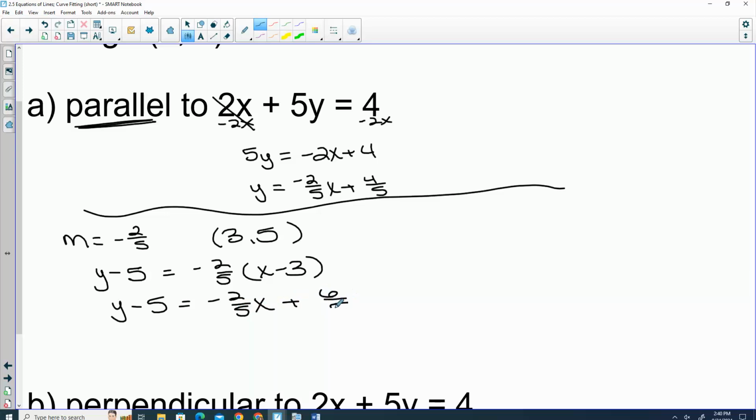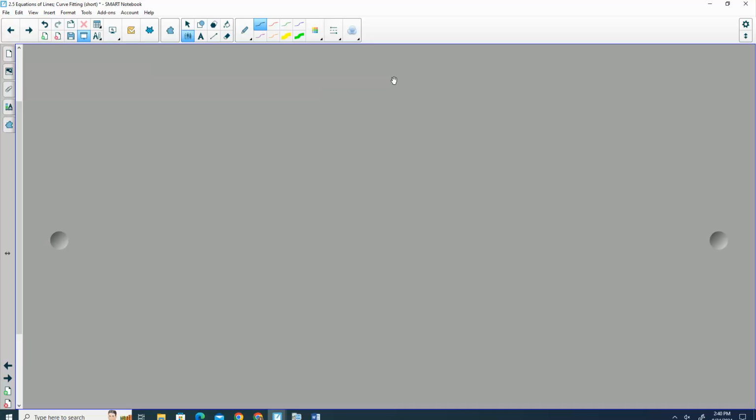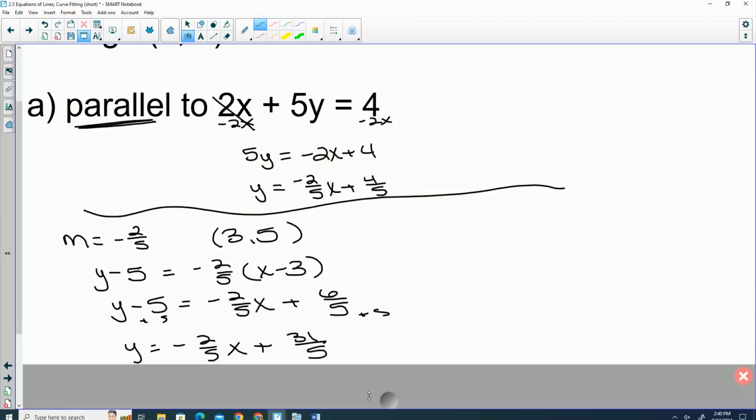We distribute the -2/5, add over the 5. So I get y equals -2/5 x plus 31/5.